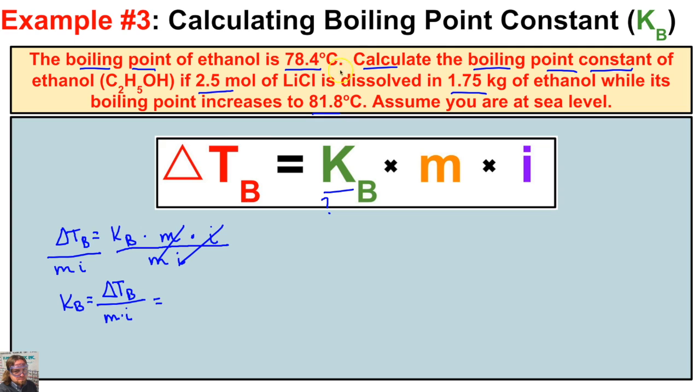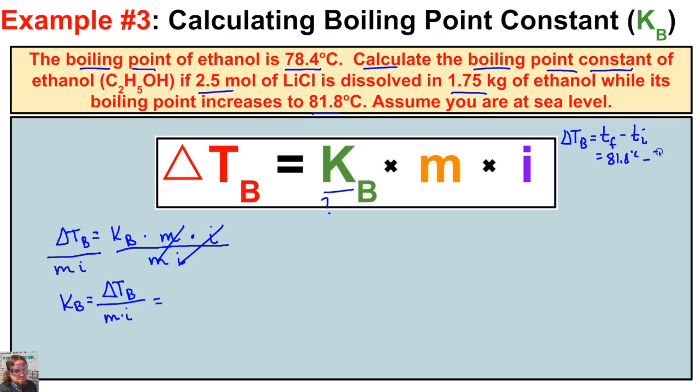We see, first of all, that the boiling point temperature starts normally at 78.4 and it goes up to the right here. So how do we get the change in temperature? To get the change in the boiling point temperature, we take the final temperature minus the initial temperature. Our final temperature is 81.8 degrees Celsius.